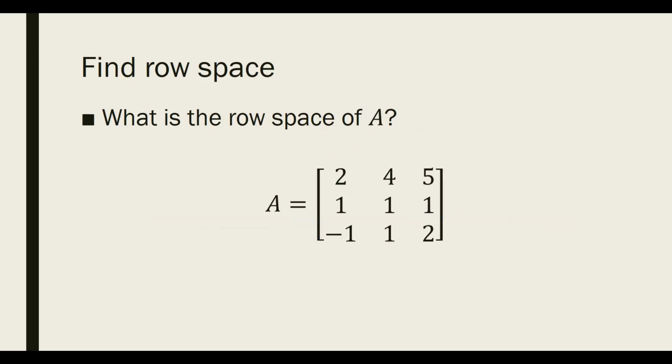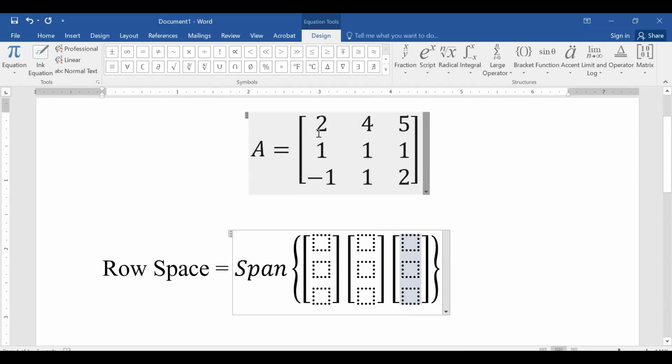So if you ask me, what's the row space of A? Well, let's think about this. The row space of A is going to be the span of the rows. Now, it doesn't matter if you write these vectors horizontally or vertically, but let's pretend I want to write these vectors vertically.